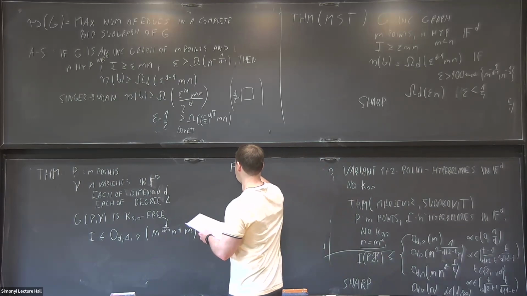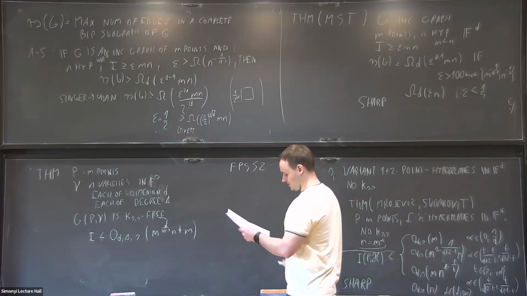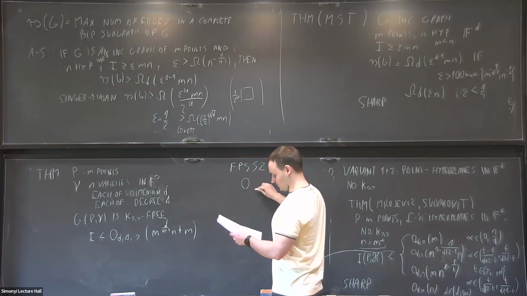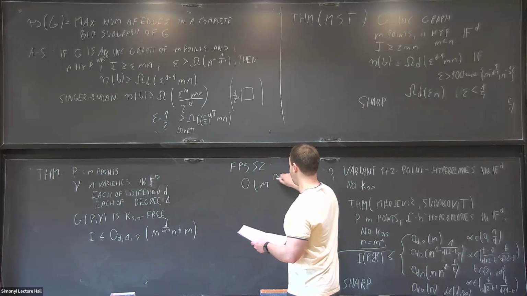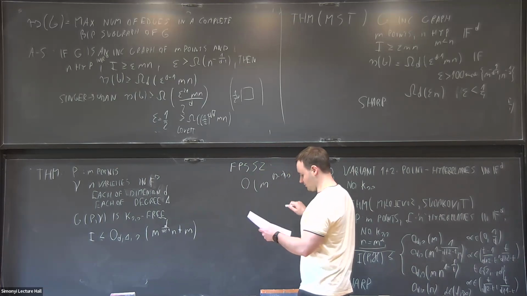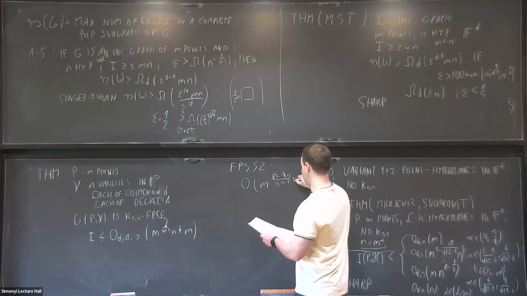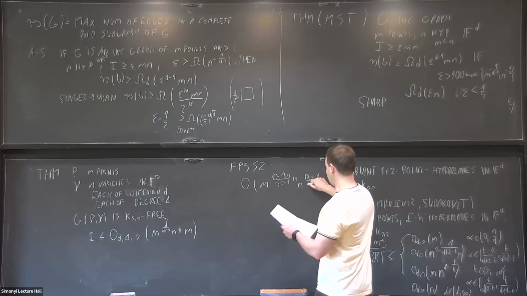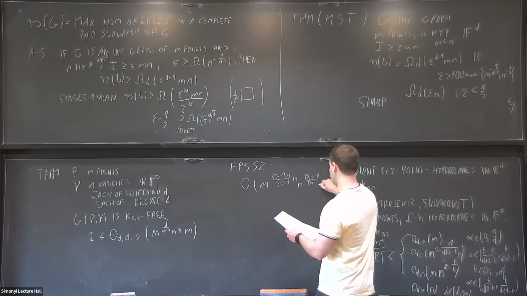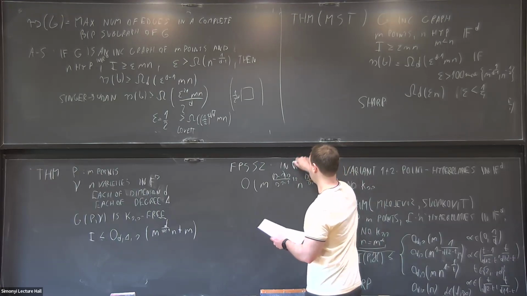So what Fox, Pach, Sheffer, Suk, and Zahl have is the bound, m to the power of something minus 1 times s. So somehow their exponent depends on s: ds minus 1 plus epsilon, or any small epsilon, times n to the power of d(s minus 1) over ds minus 1, plus m plus n. So this is in R^D.